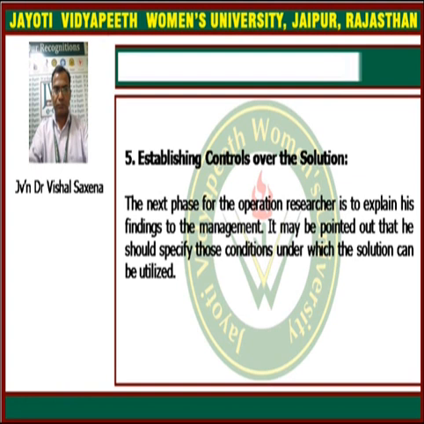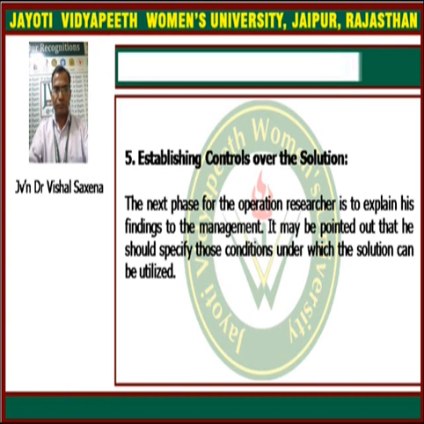Establishing the controls over the solution is again a very important step, and the next phase for the operation researcher is to explain the findings to the management. It may be pointed out that he should specify those conditions under which the solution can be utilized.